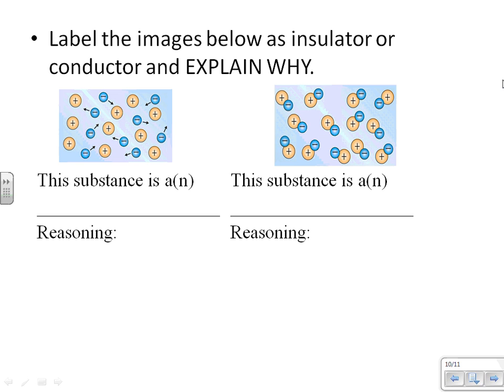All right, so take a look at this and see if you can label the images below as an insulator or a conductor and explain why. So in the first one, you can see the protons aren't moving around, but you can see arrows coming off of those little blue electrons. That means that those little blue electrons are moving, and if something can move, what is that?